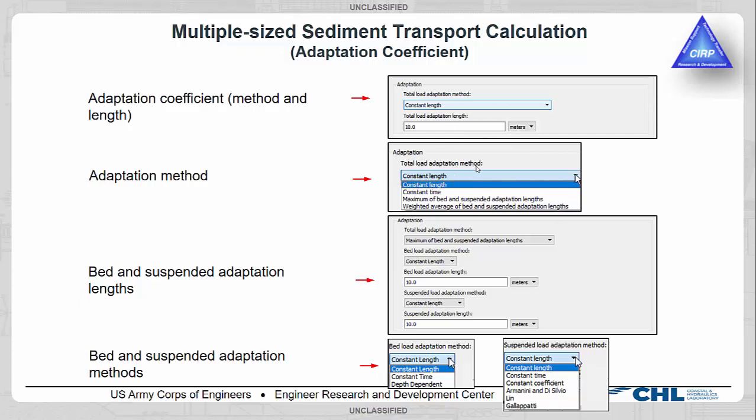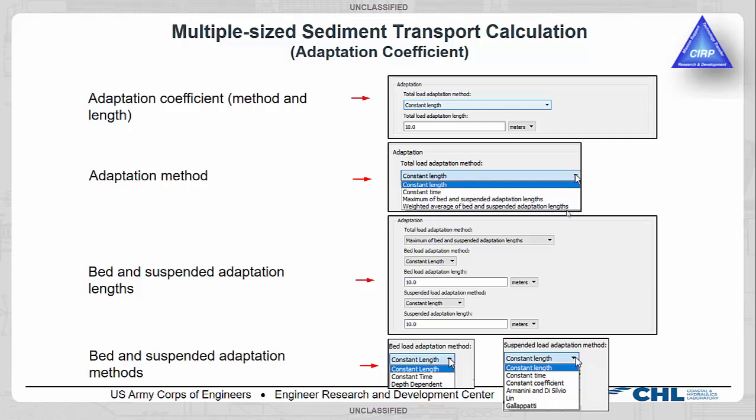You have 4 different options, right? You can pick a constant length. You can pick a constant time. You can pick a maximum of bed and suspended adaptation length. And you can also pick a weighted average of bed and suspended adaptation length.